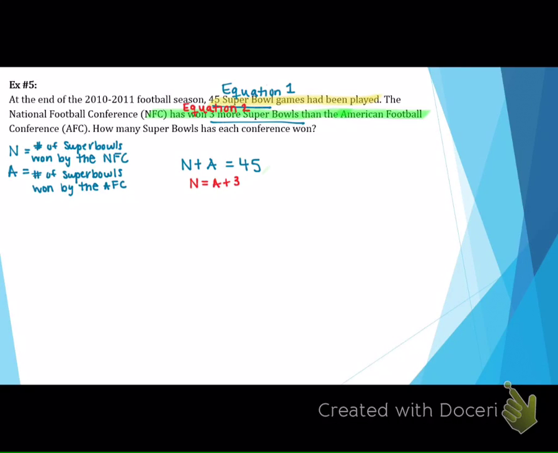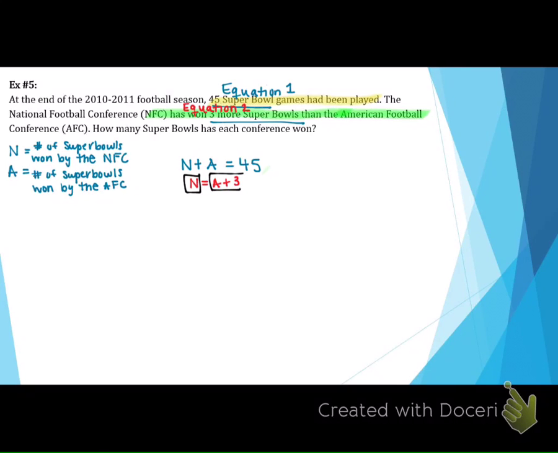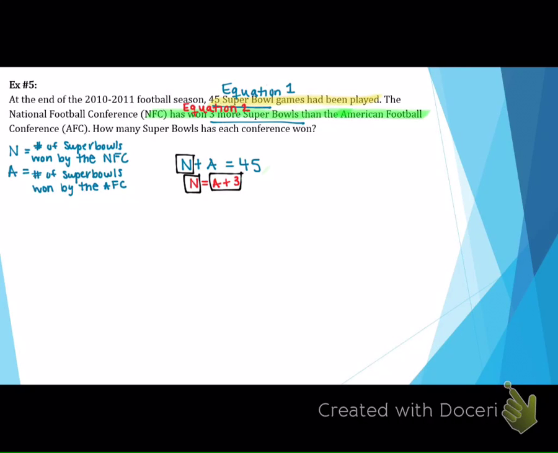All right, so now we can use what we just learned today to solve this. We see that N is the same thing as A plus 3, and there's an N up here, right? You guys see that?